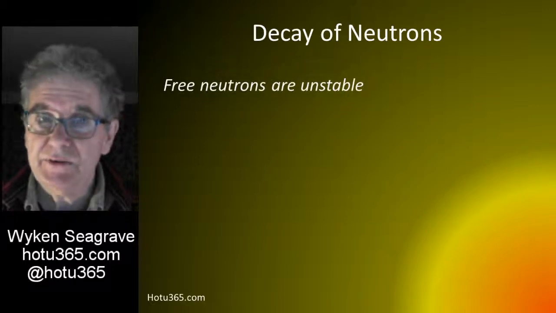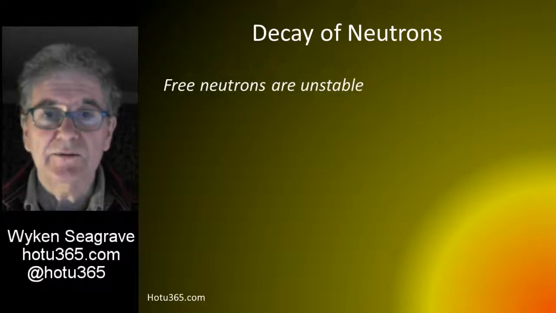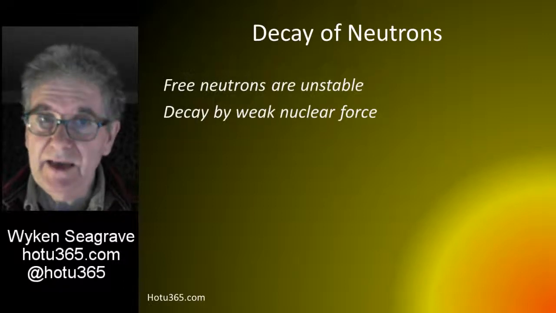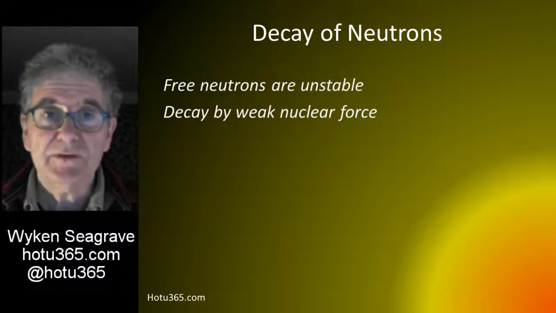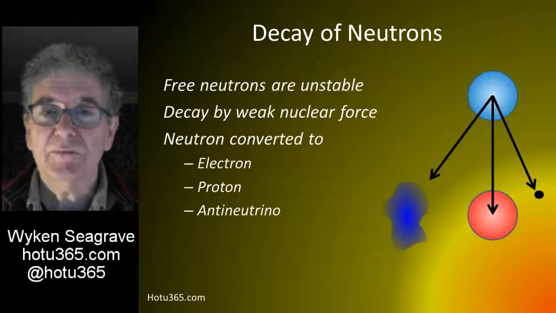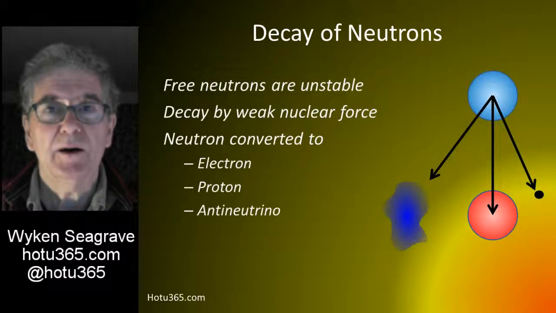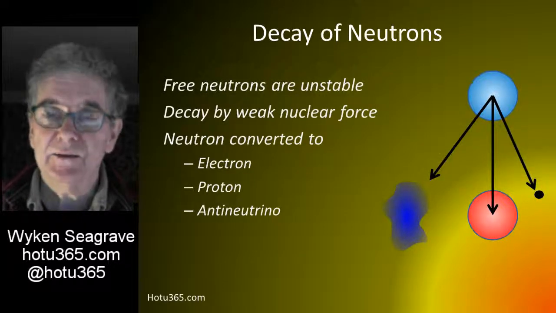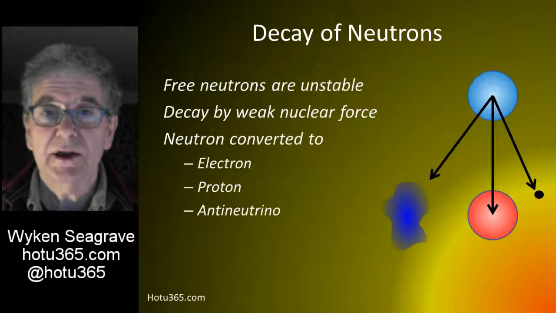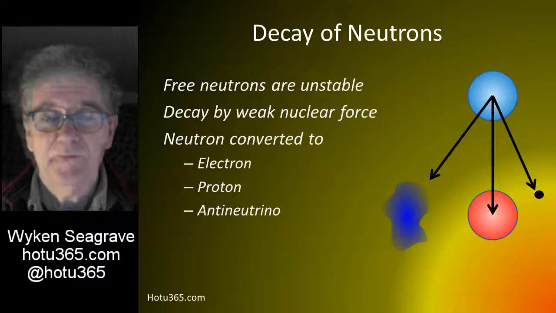These were free neutrons. And it turns out that free neutrons are unstable. They decay because of the weak nuclear force. So the neutron breaks down into an electron, a proton, and another particle which I have not discussed so far, called an antineutrino.